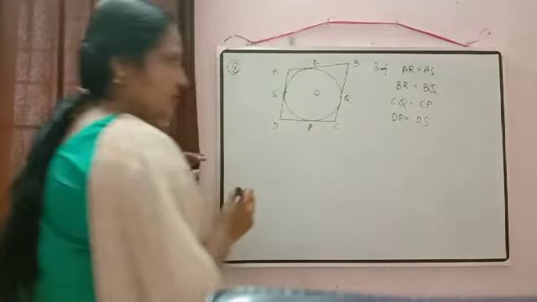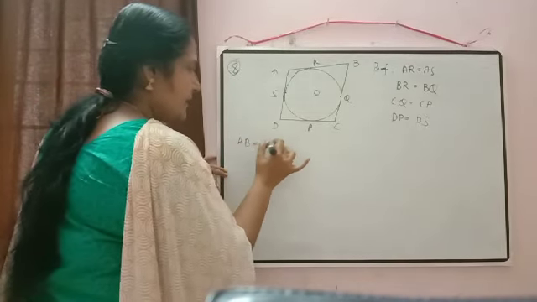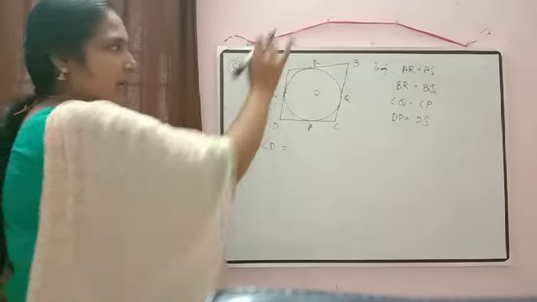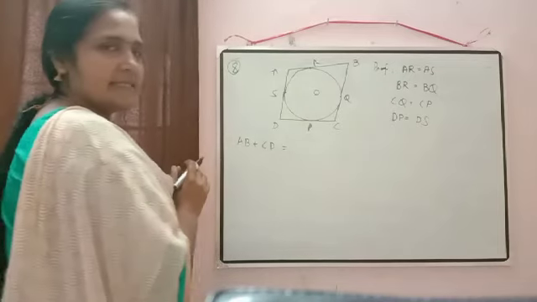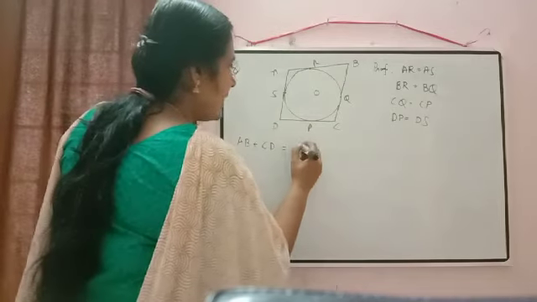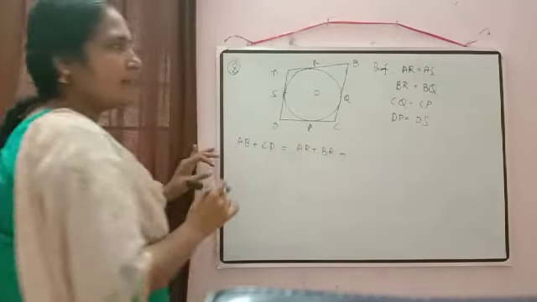That we know there. Now we'll write down AB plus CD, because these are the two equal sides in a parallelogram there. So we have taken the pair of opposite sides only. AB plus CD. AB, how we can rewrite? AB can be written as AR plus BR. CD, how we can rewrite?